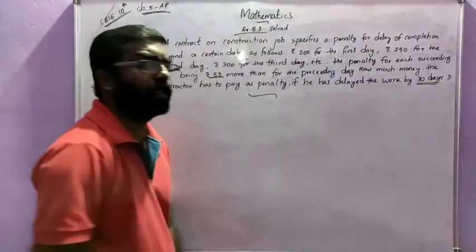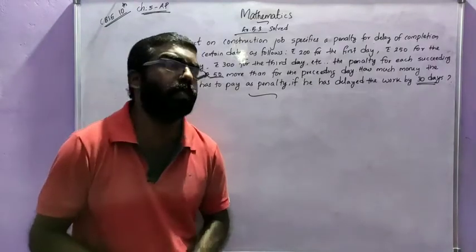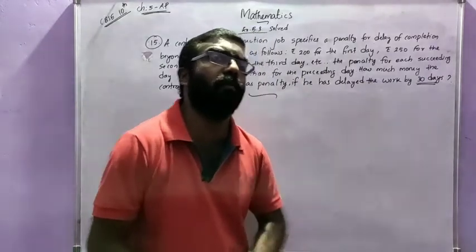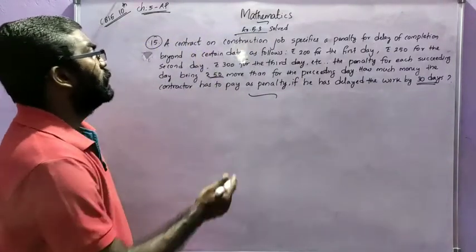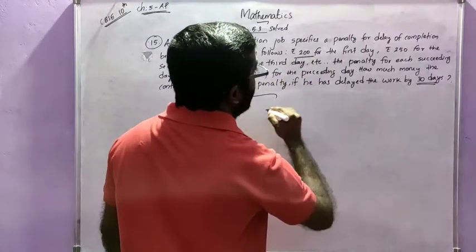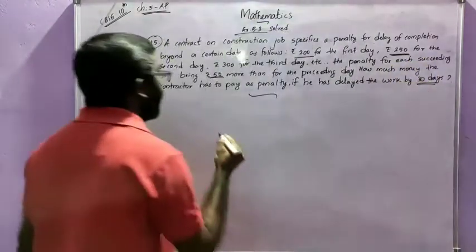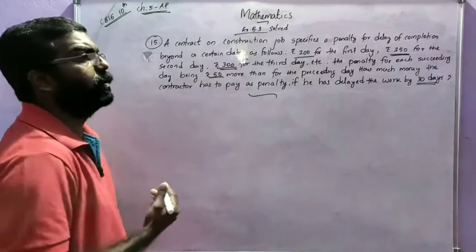So here the situation is, a contract on construction job specifies a penalty for delay of completion of a particular work. For the first day, rupees 200 is the penalty, and for the second day it will be 250, and for the third day it becomes rupees 300, and so on.